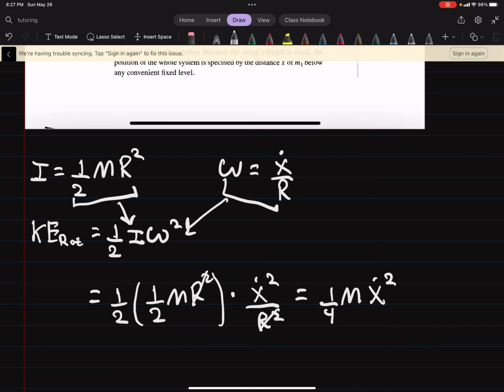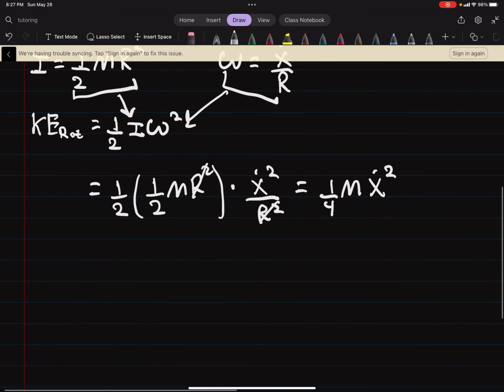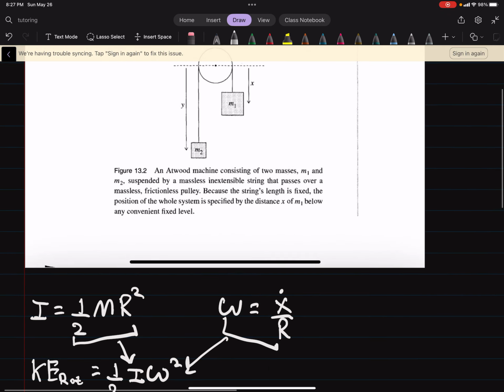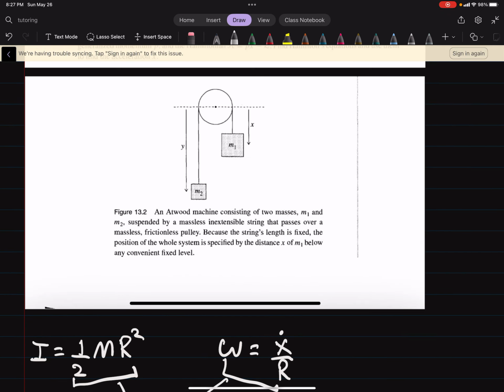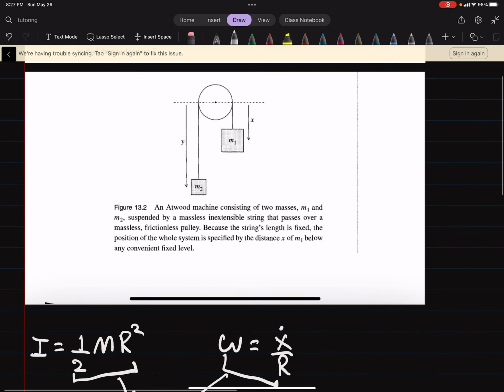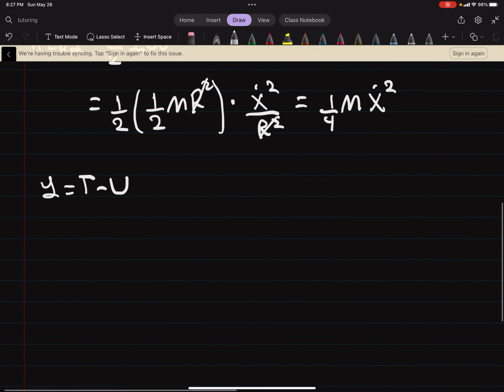That's important because we need to write down the Lagrangian, and the Lagrangian is the difference between your kinetic energy and your potential energy. Okay? So the kinetic energy has the kinetic energy of the two blocks plus the rotational kinetic energy of our pulley. So we'll start with our kinetic energy.